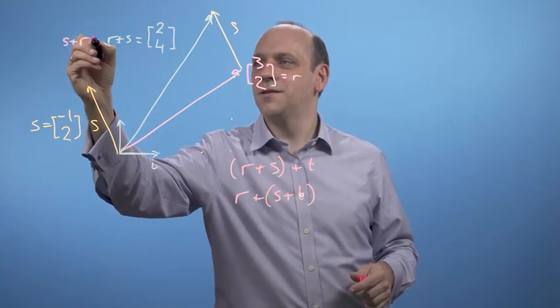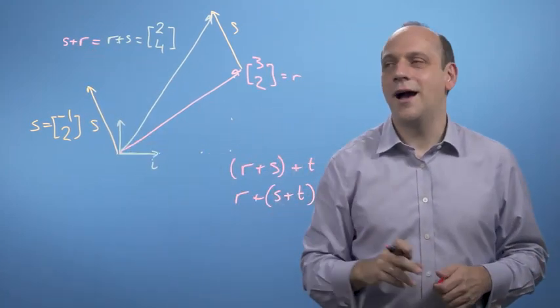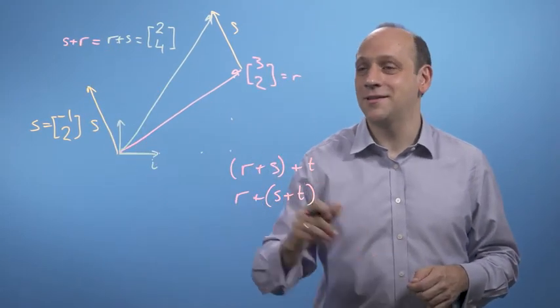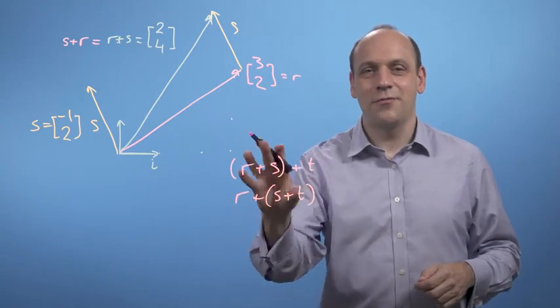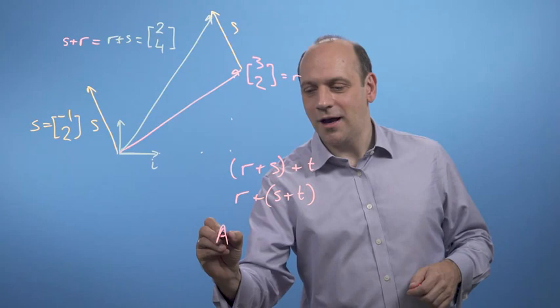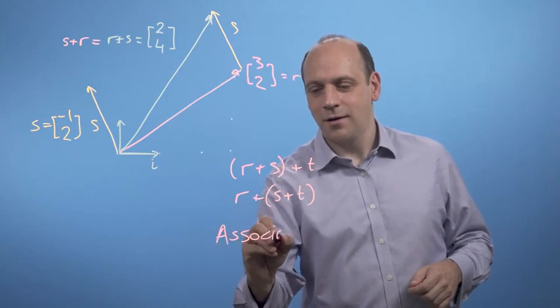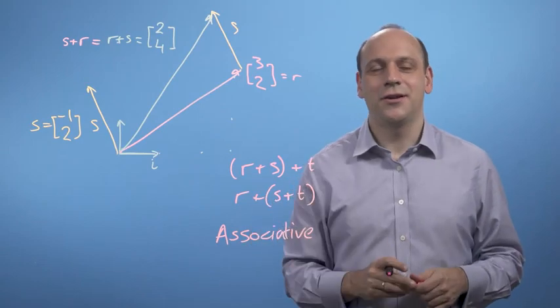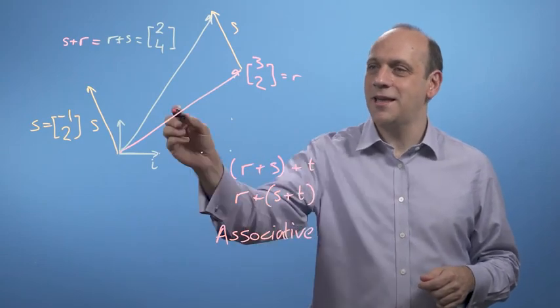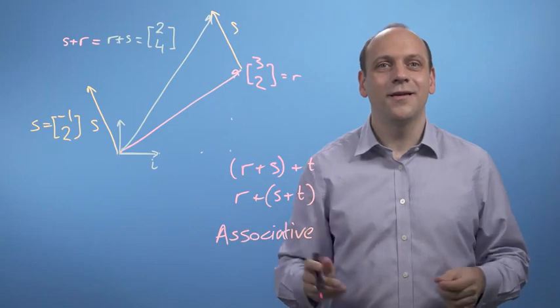A consequence of it not mattering what order we add in, so s plus r is equal to r plus s, is that it doesn't matter what order we do the additions in if we've got 3, and that's called associativity. That's formally that definition. And vector addition, we can see when we're adding it up like this, will be associative.